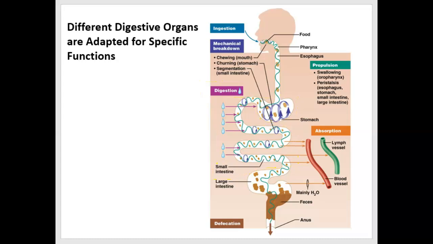Also note that absorption happens primarily in the small intestine, and here are arrows showing you that whatever is in the small intestine is being absorbed into the bloodstream or maybe into a lymphatic vessel. And we'll talk about that a little bit more. Thank you very much.